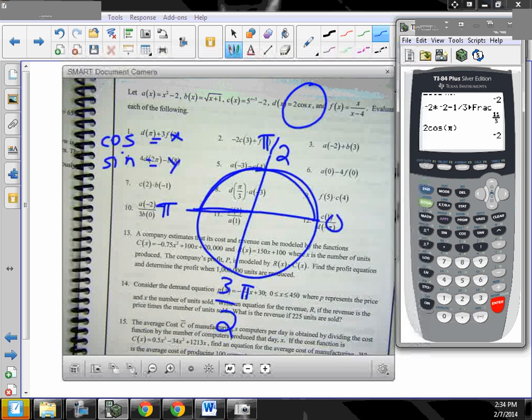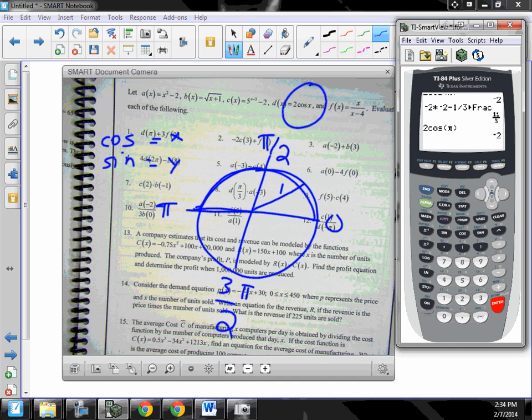We've all forgotten. I was afraid of that. So the radius of this is 1, and this point right here is negative 1 comma 0. So cosine is equivalent to the x value, which is negative 1. So really, we just took 2 times negative 1, and we got negative 2. We'll hit sine and cosine again later, because I'm sure you've all forgotten it.